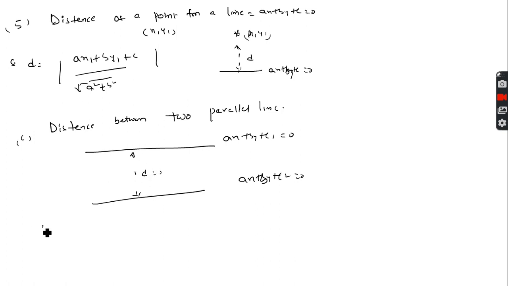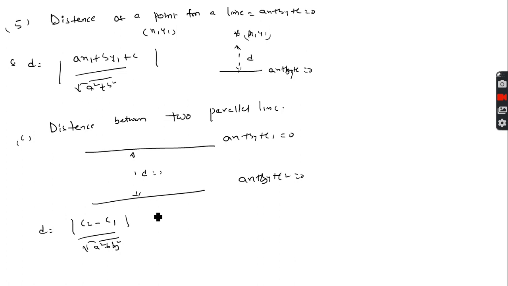The formula is modulus of (c2 minus c1) by root of a square plus b square. Whenever there is distance, it must be modulus, because the distance is always positive.